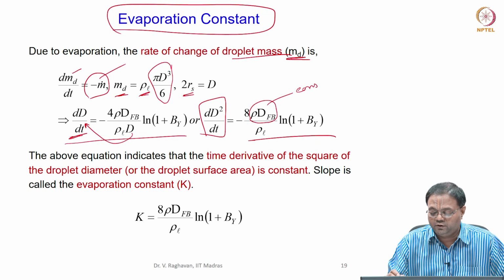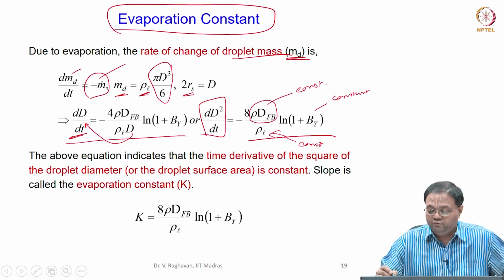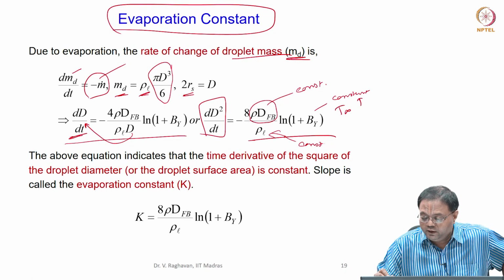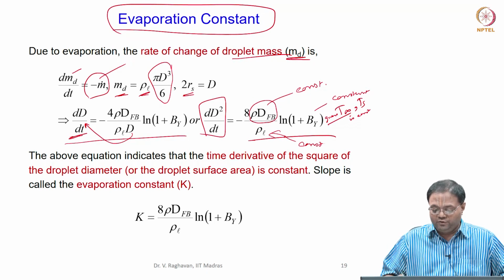So this is constant, and this is constant, and this is also constant. For a given T infinity, T_s is constant, because we are assuming that the wet bulb condition is reached.